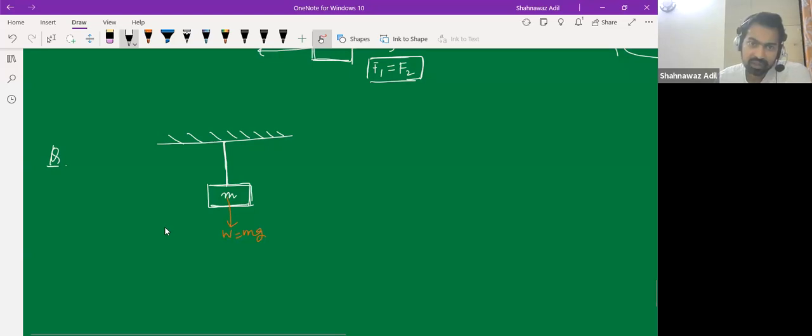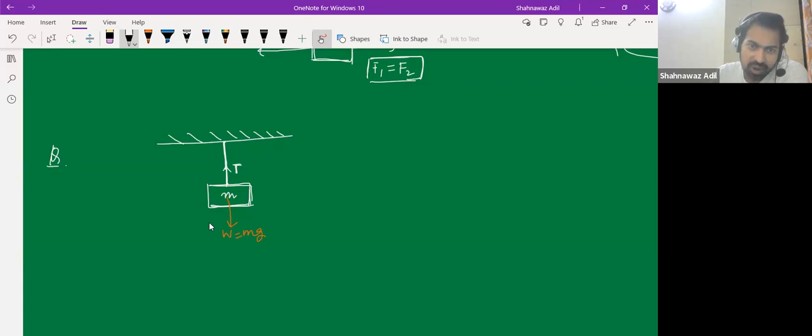Tension, absolutely right. Normal reaction applies when there are surfaces touching, but a string doesn't have any surface, right? So you are right about these two forces.